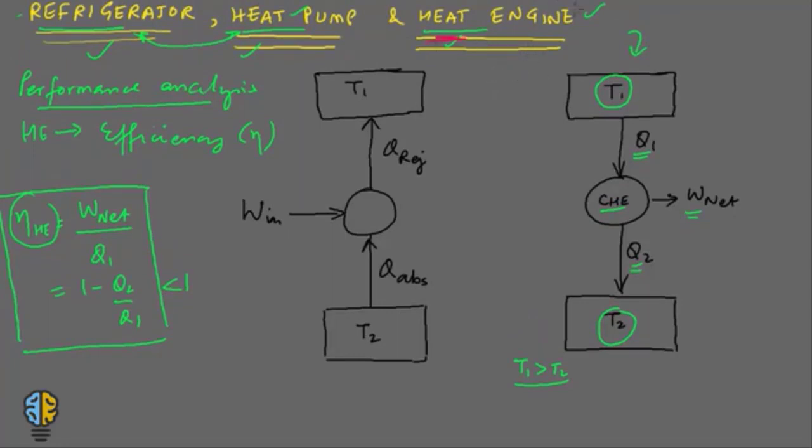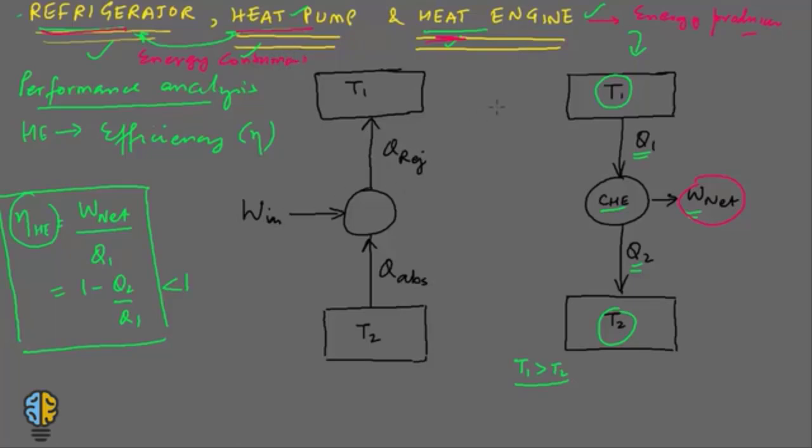Now, if you talk about a refrigerator and a heat pump in comparison to heat engine, well, heat engine is an energy producing device. It produces some net work output, whereas a refrigerator and a heat pump, both of them are energy consuming devices. Alright, so it uses work as some input.